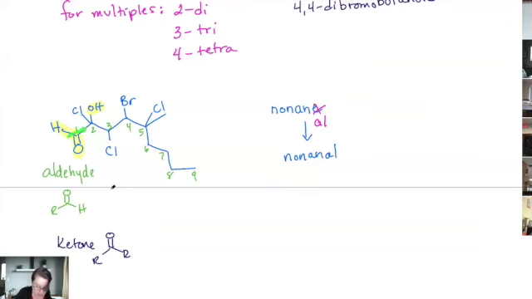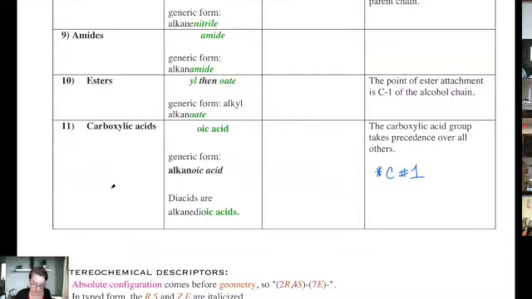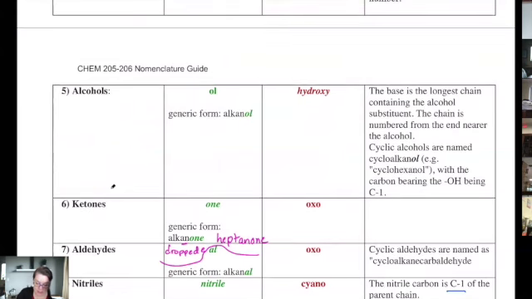So as I move over here, I have an alcohol at carbon number 2. So now the alcohol is a substituent. So what is it called when it's a substituent? We want to go to our handout here. When it's a substituent, it's going to be called hydroxy.